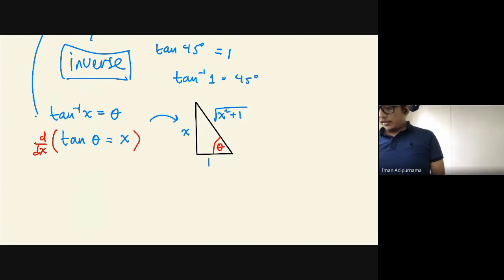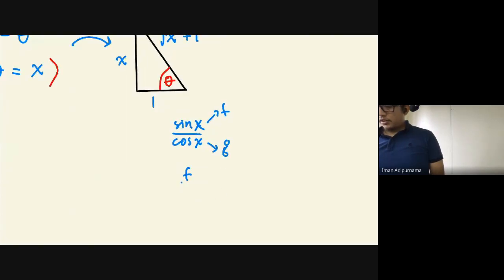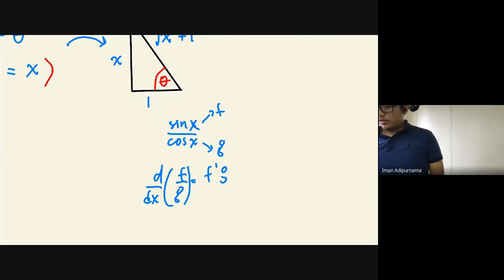If you forget, remember you can always use sine over cosine and the quotient rule, and you will get secant squared.